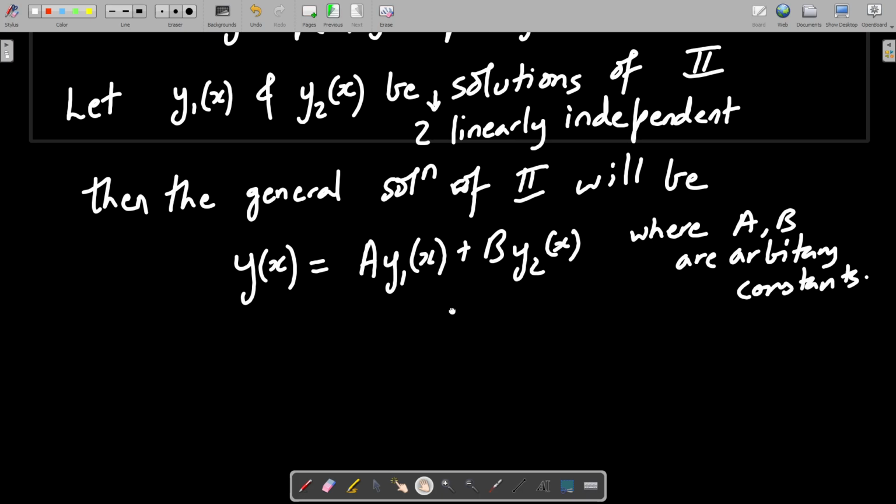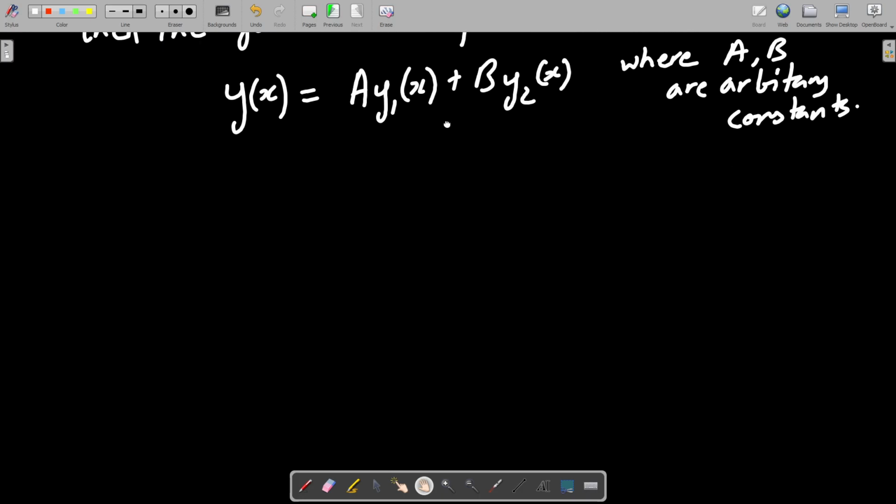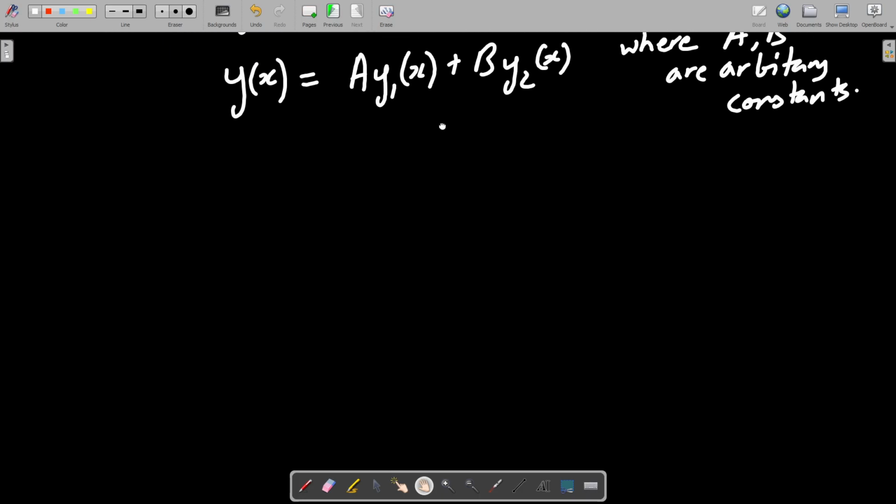Now with this piece of information, I want to find a particular solution, or particular integral, using this solution.